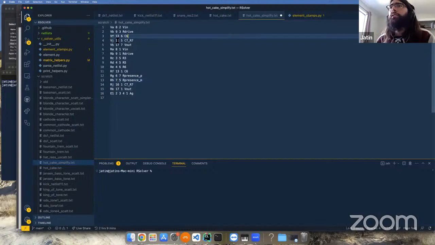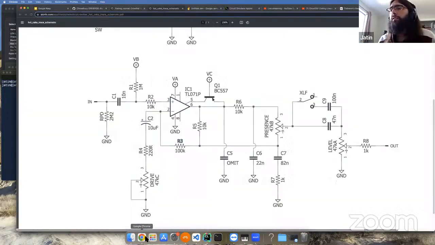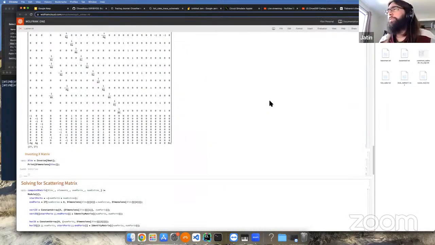That is right. And so now we can actually simplify or reduce some of these other numbers here. So this goes down to 10, 11, and 12. So that should work out as a simplified netlist here. Let's see how far Mathematica has gotten. It seems like it hasn't gotten very far. Oh, it's up here.